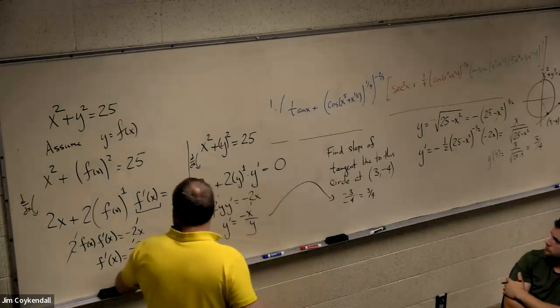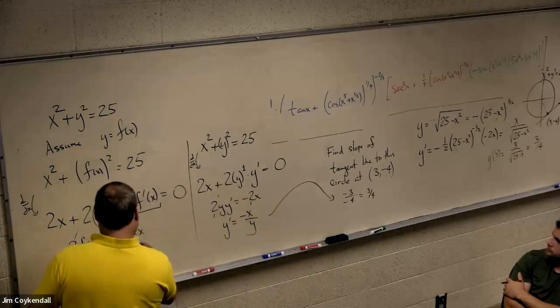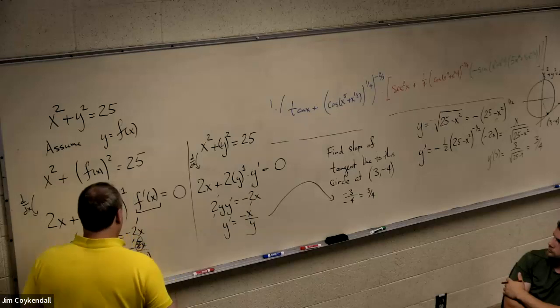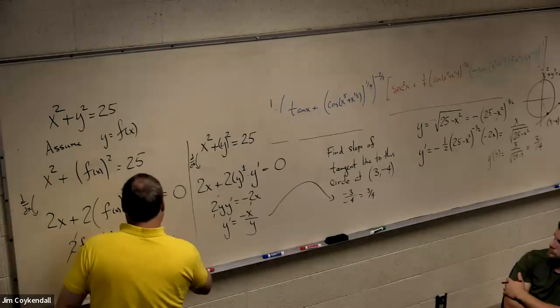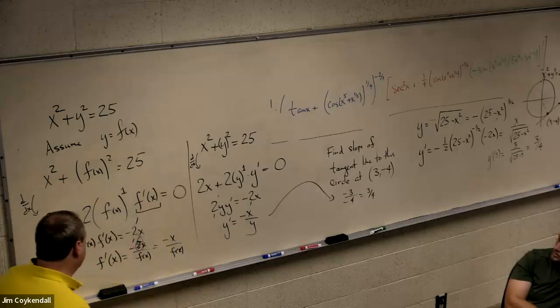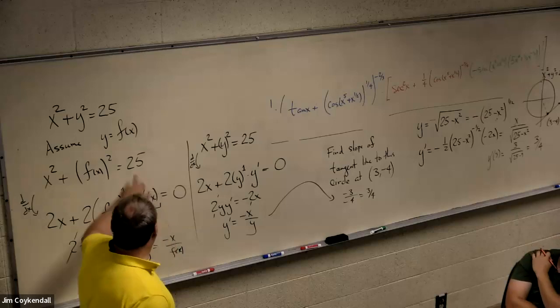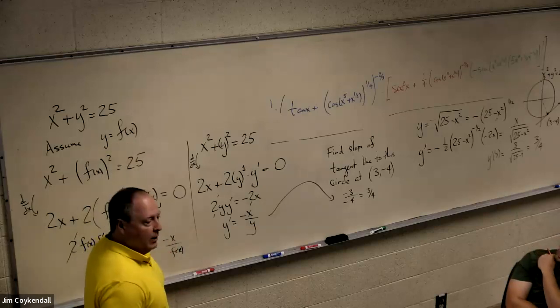So notice this is the same thing here. I get minus x. I cancel my twos like that. Notice that this is minus x over y. Again, you get the same answer.